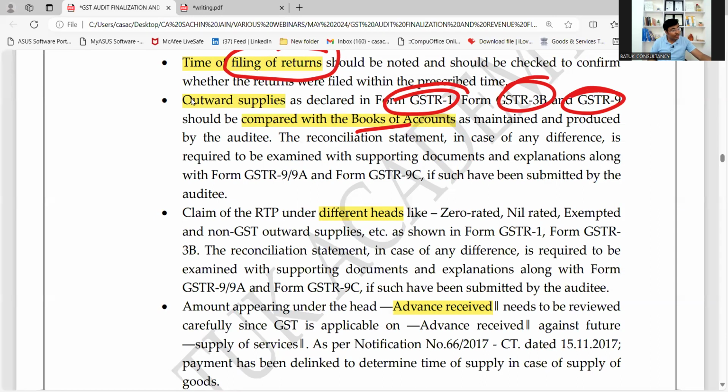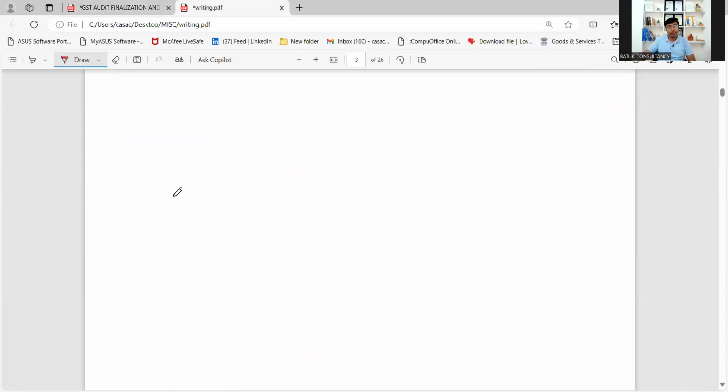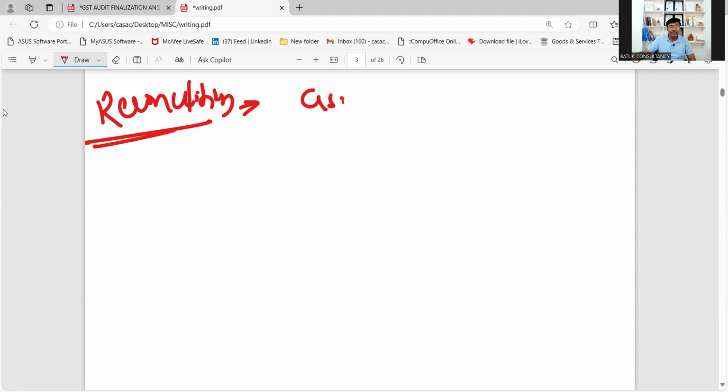When you are going to do the reconciliation of various things, in that case, you just need to ensure that the complete data of GSTR1 and GSTR3B are matched with the books of accounts.